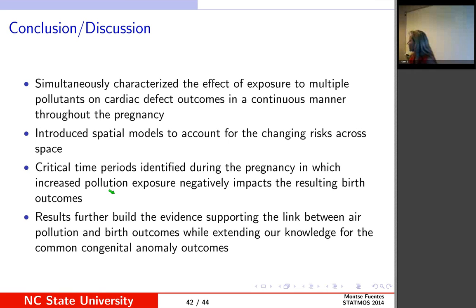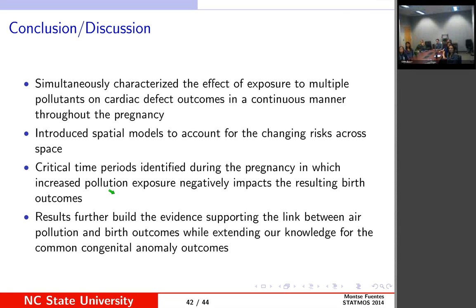Well, first, are there any questions here? Okay, so U Chicago asks, does allowing effects of pollution to vary spatially have a biological explanation? Absolutely, yes, because we are working with different birth effects.